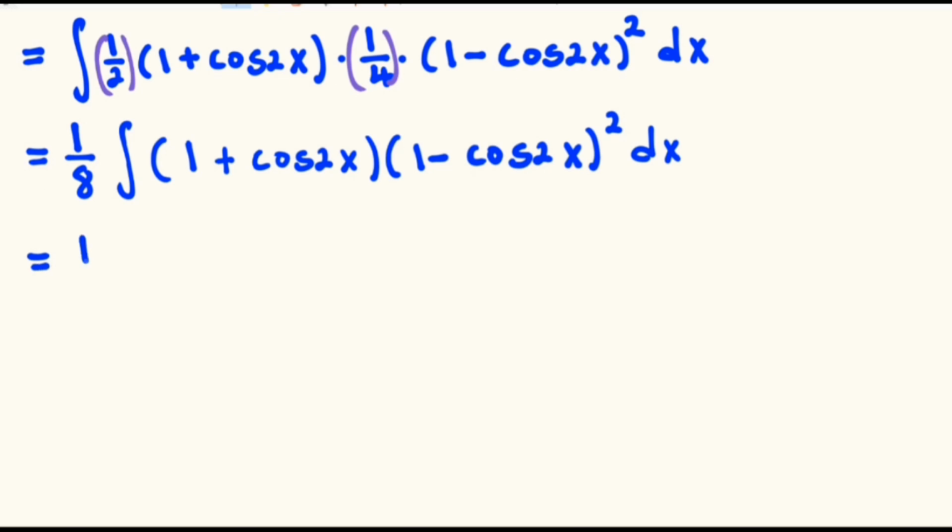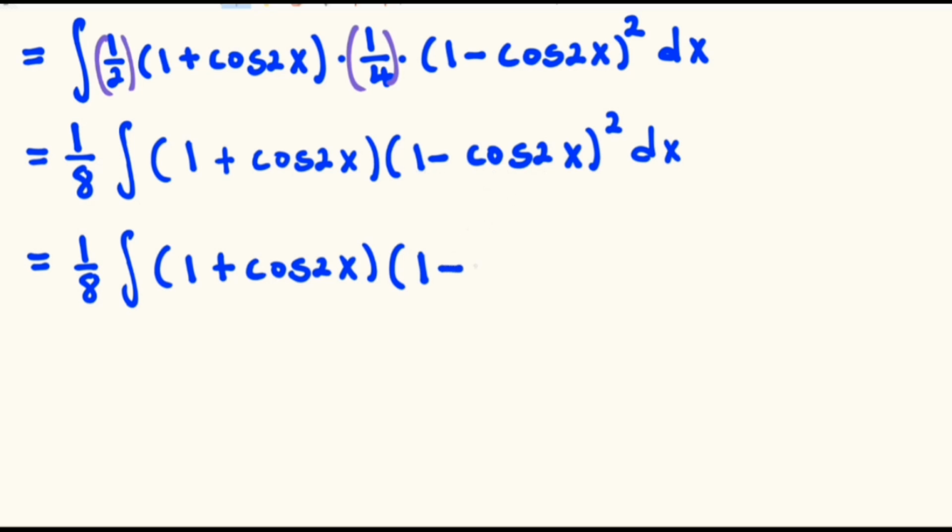and 1 over 8 multiplied by the integral of 1 plus cos 2x multiplied by the 1 minus cos 2x squared will be equals to the 1 squared, which is 1, and the 2 multiplied by the 1 multiplied by the negative cos 2x will be equals to negative 2 cos 2x, and the negative cos 2x squared will be equals to positive cos squared of 2x.